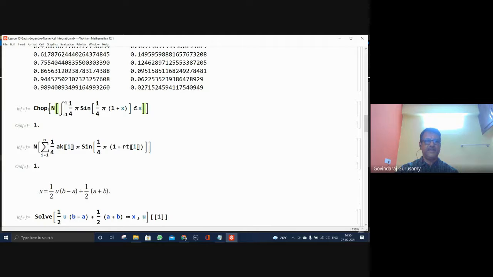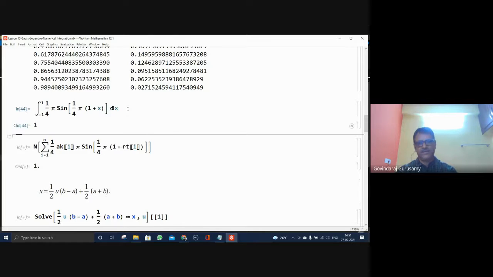Chop means if a value is smaller than 10 to the minus 16, it will be taken as 0. If necessary, you can use it, otherwise you don't have to worry. In fact, if you remove these three, I don't think you have any problem getting this result. That's all not necessary now. So the integral from -1 to +1 of (1/4)π sin((1/4)π(1+x)) equals 1.